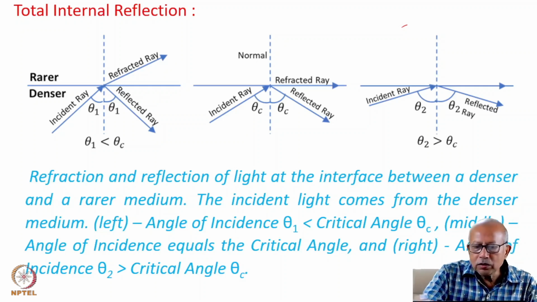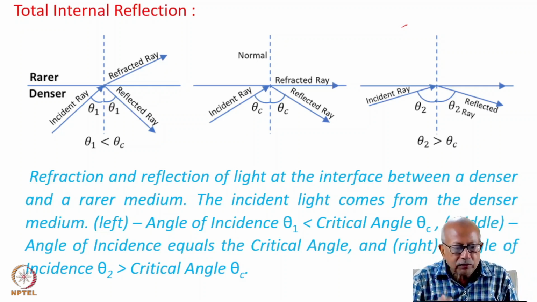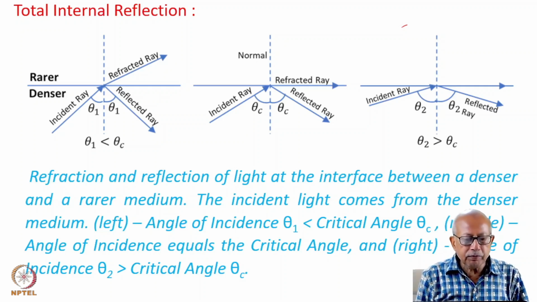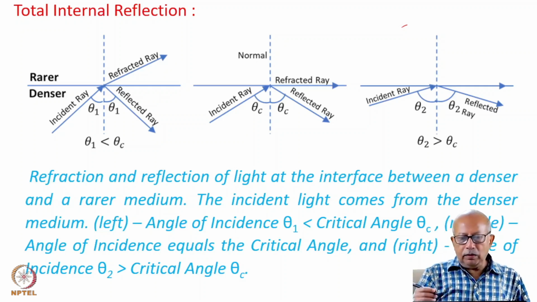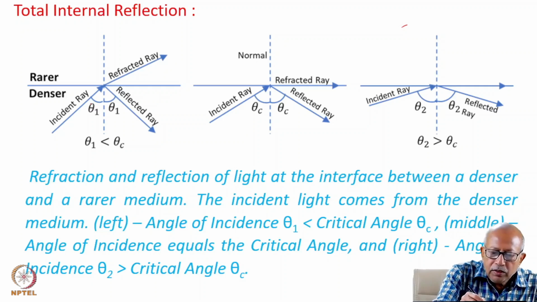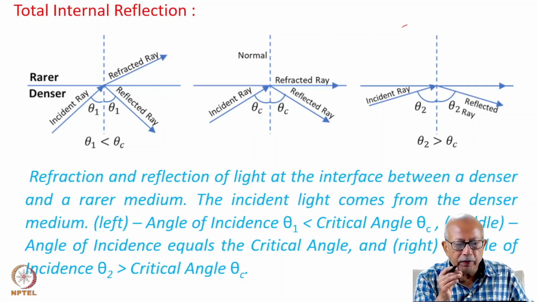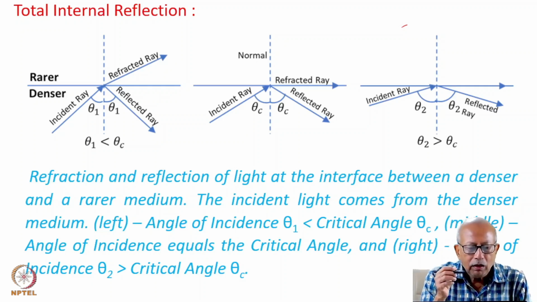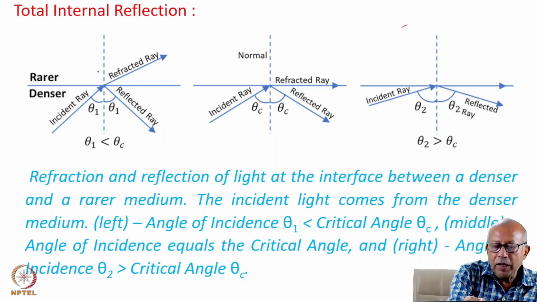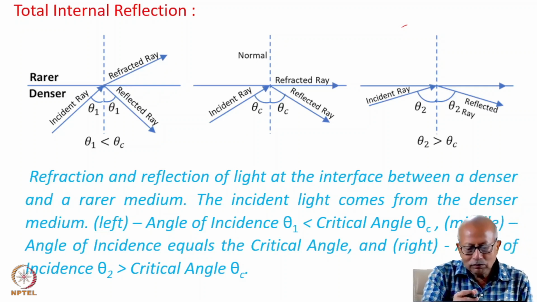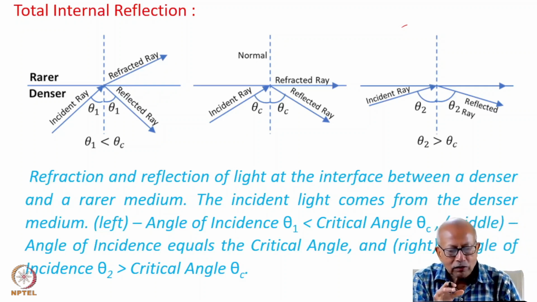Three situations have been depicted here, where the light is traveling from denser to rarer. For most of the incident angles, it follows the laws of refraction the regular way. That means it bends away from the normal and it follows Snell's law.